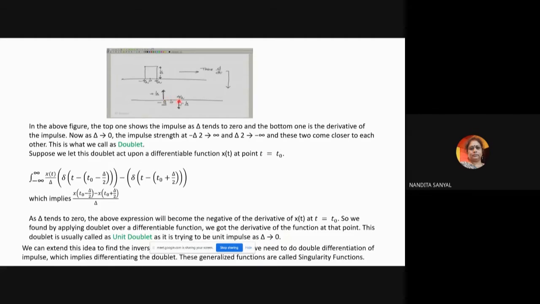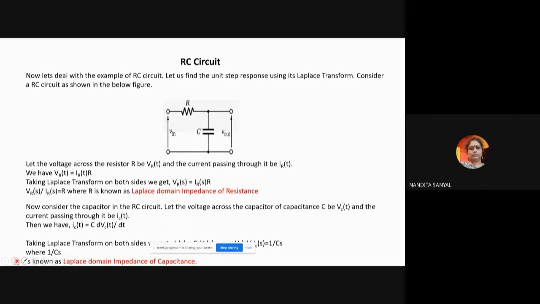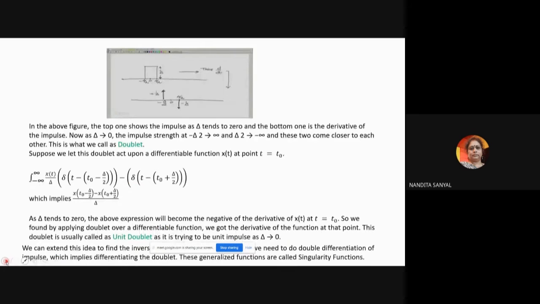So we can extend this idea to find the inverse Laplace transform, and the double differentiation can be applicable when we have to find the inverse Laplace transform of a constant multiplied by s. These generalized functions are also called the singularity functions.